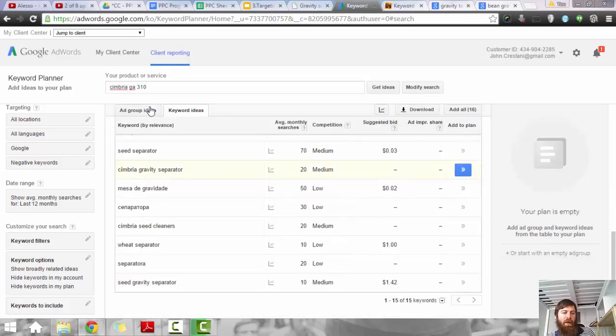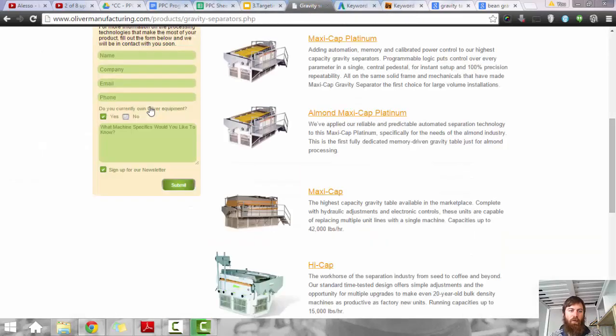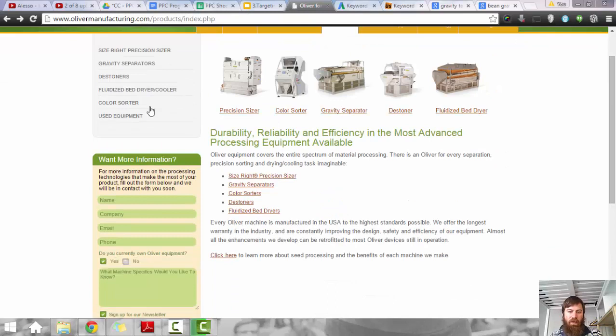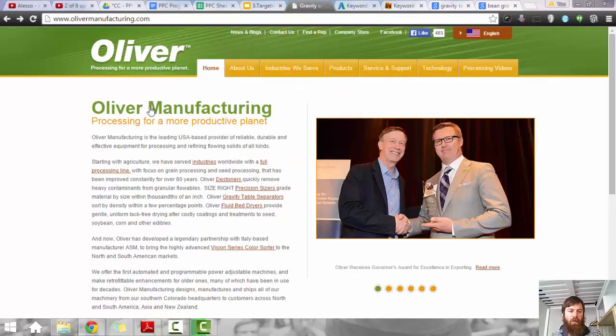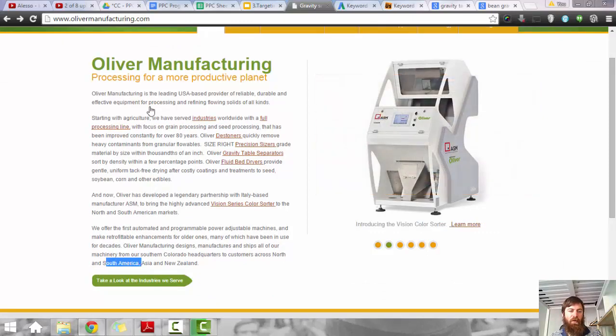We may actually be limiting ourselves, because one thing I'd noticed when we're looking at their keywords is that they manufacture in the US, but they sell all over the world. It says South American markets, Asia, and New Zealand. North America, South America, Asia, and New Zealand. So maybe that's where you want to target.